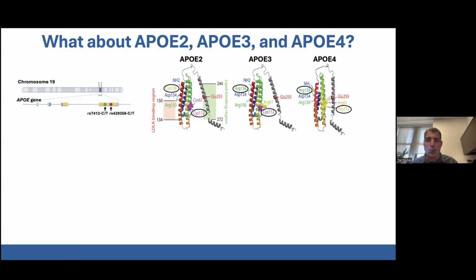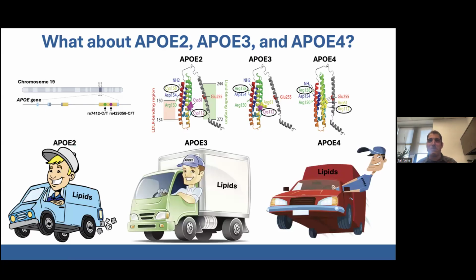So I was trying to think what the analogy for these are, and I've created some characters here. The way I see it, ApoE3 is your super competent truck driver, always on time, always doing its job well.